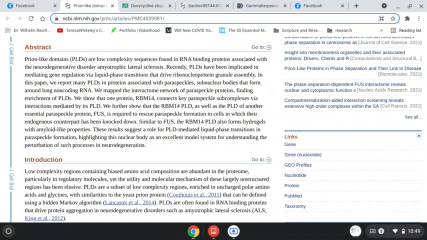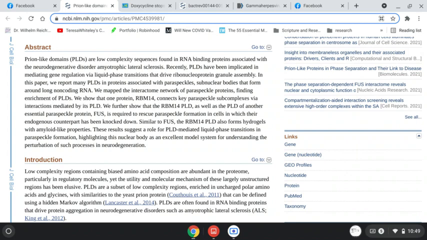We show that one protein, the RBM14, connects key paraspeckle subcomplexes via interactions mediated by its prion-like domains. We further showed that the RBM14 prion-like domain, as well as the PLD of another essential paraspeckle protein, the FUS, is required to rescue paraspeckle formation in cells in which their endogenous counterpart has been knocked down.